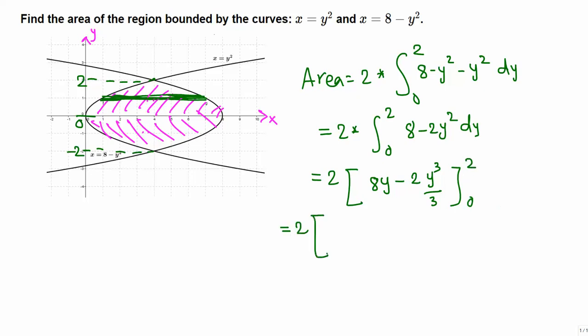So let's plug in the upper limit, 8 times 2, 16, minus 2 times 2 cubed over 3. 2 cubed is 8, 2 times 8, 16 thirds. That's the upper limit part, minus, plug in 0, so that's 0 for the lower limit.